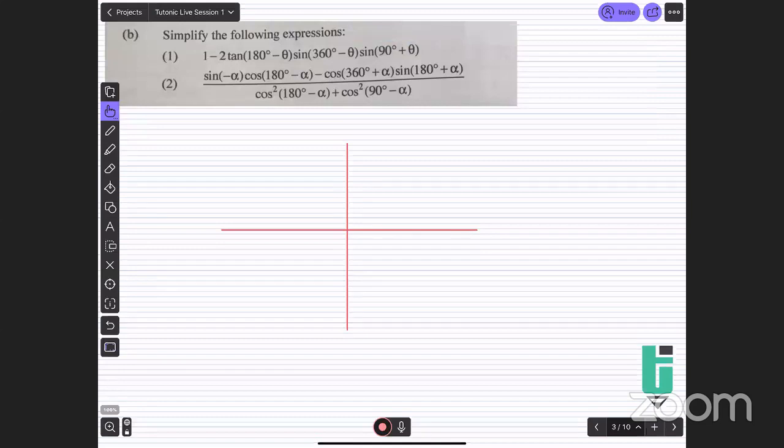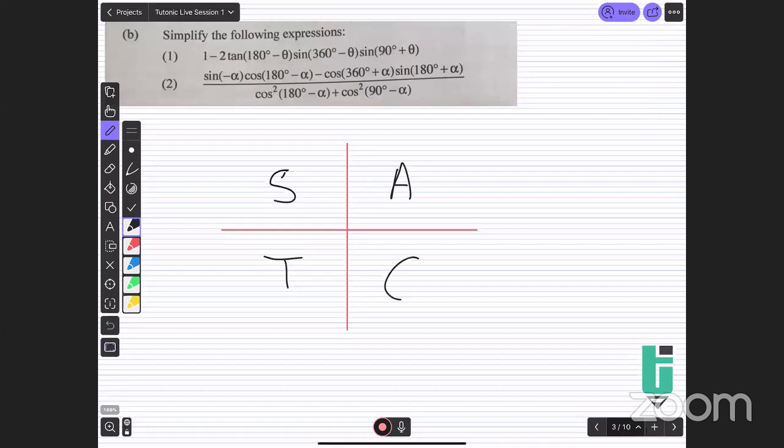What do you use to tell you about the CAST diagram? All students take cocaine. No, that's haram. Why are they giving you these things?